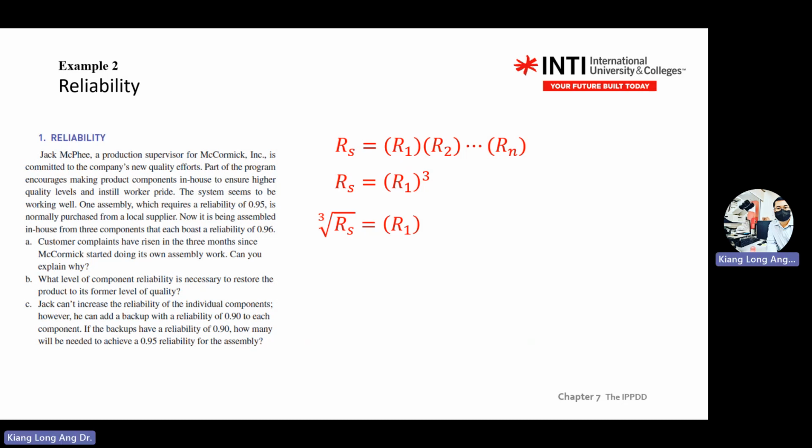So now you need to know which one is the system, which one is the individual component. The question asks what level of component reliability is necessary to restore the product to its former level of quality. So you put in 0.95 on the left-hand side, then the rest is the solution.